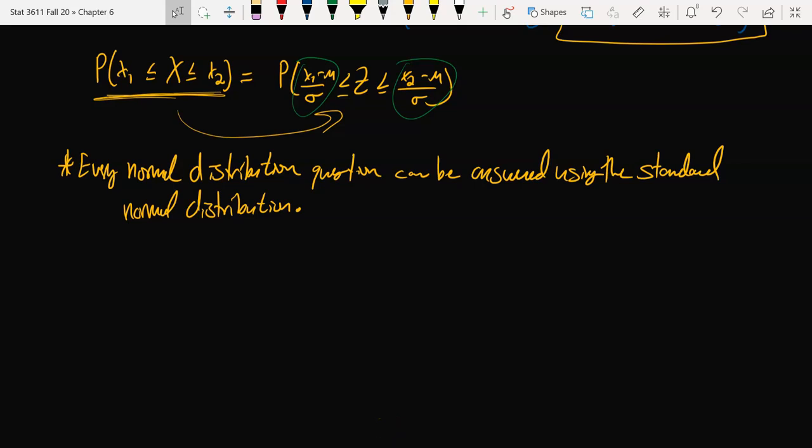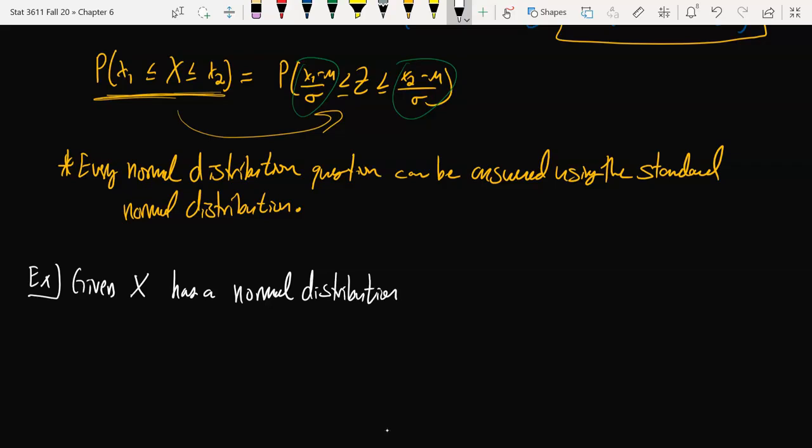Right, let's do some examples working with normal distributions in general. We're going to have to do some conversion here so we can answer this using the standard normal table that we have. In this example, let's say that X has a normal distribution with mean mu of 50 and standard deviation sigma of 10.